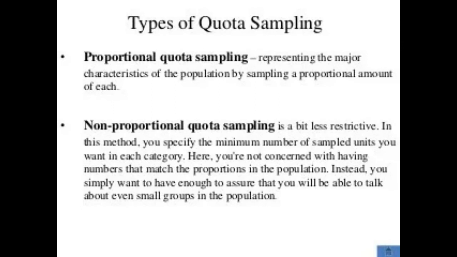Meanwhile, in quota sampling, you select people non-randomly according to some fixed quota. There are two types of quota sampling, which are the proportional and non-proportional. In proportional quota sampling, you want to represent the major characteristics of the population by sampling a proportional amount of each.